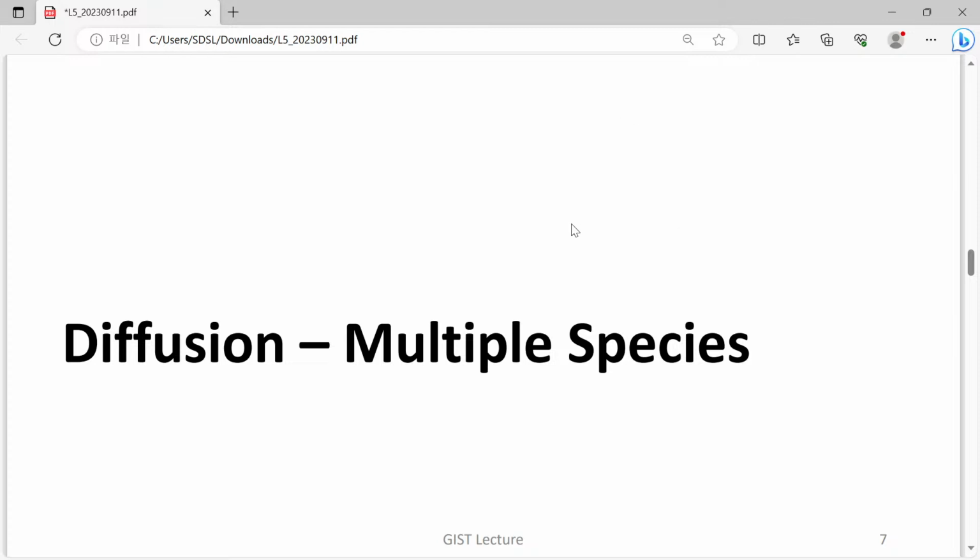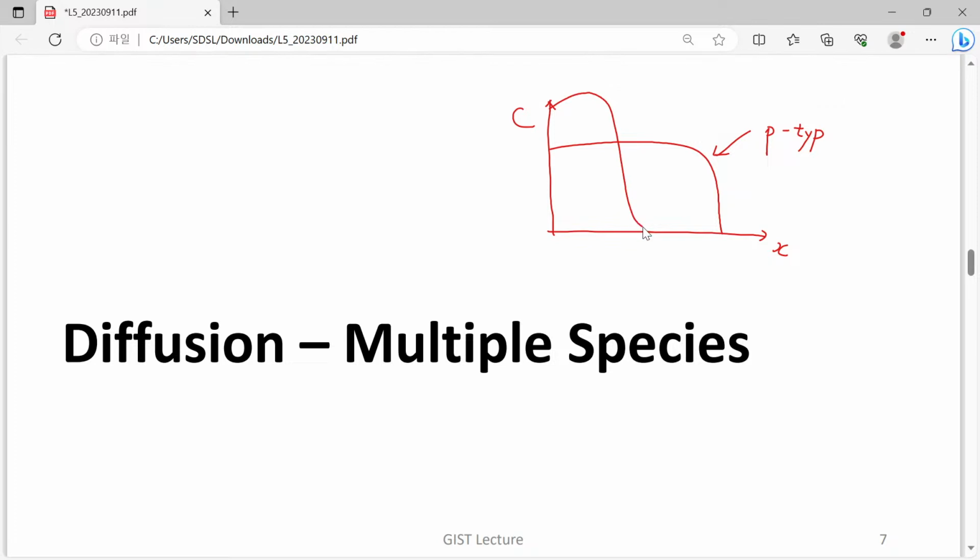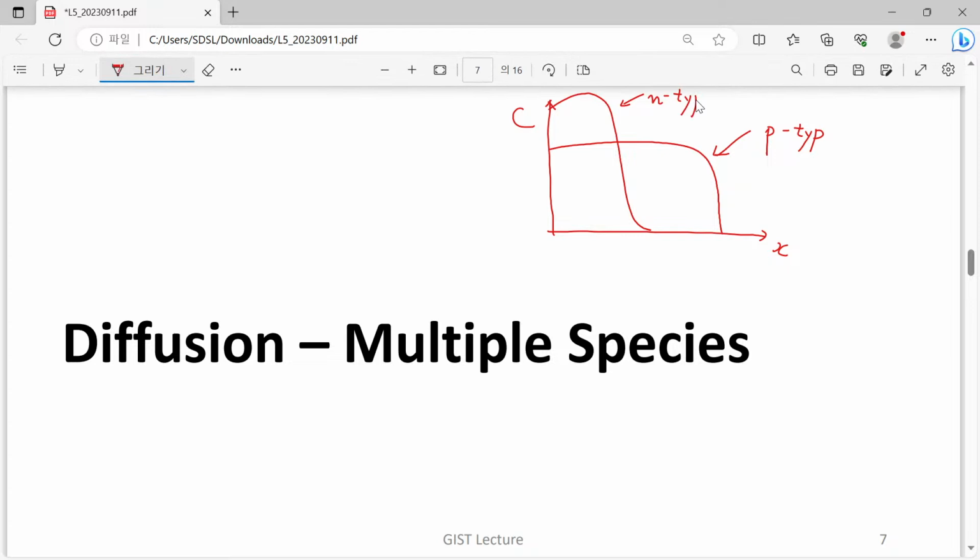For example, let's say that this is a concentration and this is real space, then usually in order to make a p-n junction, you apply such kind of a behavior. This is your p-type dopant, and you also make such kind of thing. So this is your n-type dopant.